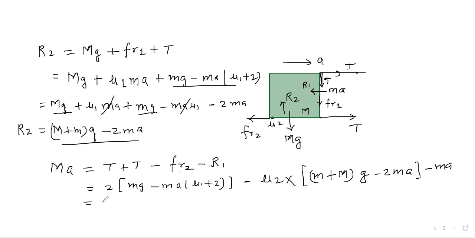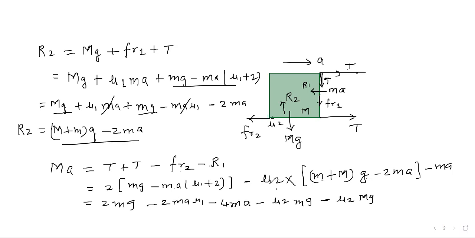Now we open the brackets. So 2mg minus, this 2 will get multiplied to this number also. So 2MA mu1, and this will become 2 times 2, that is 4, minus 4MA, minus from here this mu2 times small mg, minus mu2 times capital Mg.